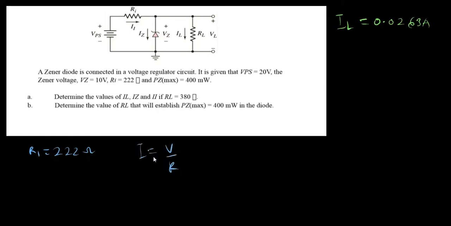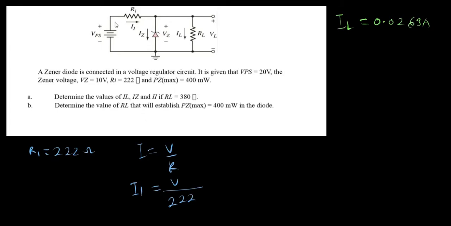In this case, the current is I input, and the voltage we don't know yet. The resistance is Ri, which is 222. So what we need is the voltage across this resistor here.